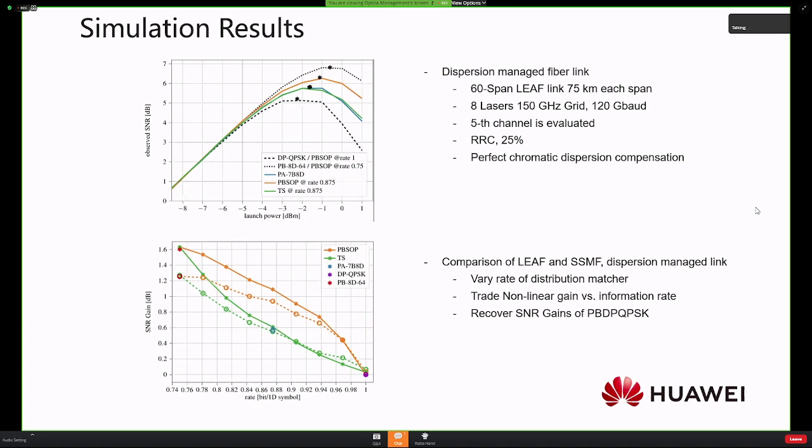So we use here 60 spans of large effective area fiber, with 75 kilometers at each span. There were eight lasers, so the effect from neighboring lasers has to come in as well. And we have a grid of 150 gigahertz and 120 gigabaud, and an RC with 25%. And here we assume a perfect chromatic dispersion compensation after each span.